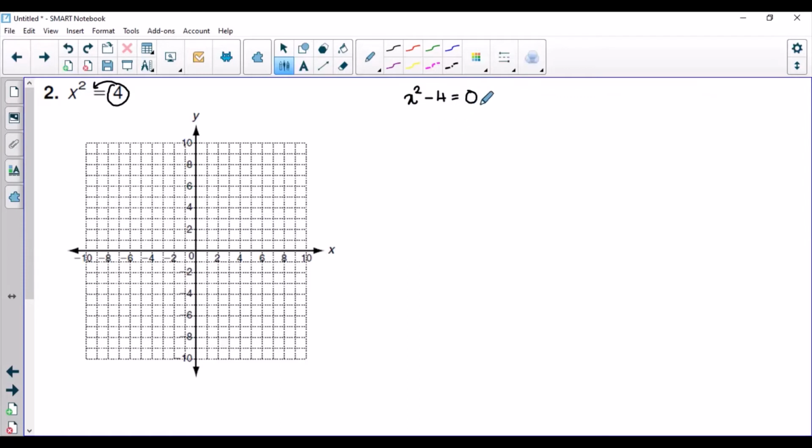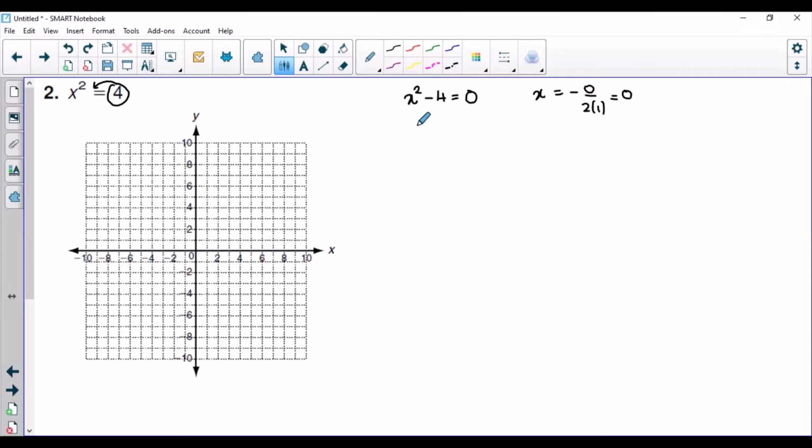Now always first find the axis of symmetry, which is the value of x. It's going to be minus b over 2a, but here b is missing, which means b is 0. If it's a 0, this would eventually give you a 0 again. When b is missing, simply say the value of x is 0.